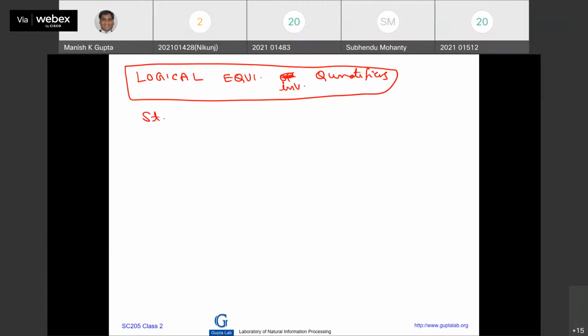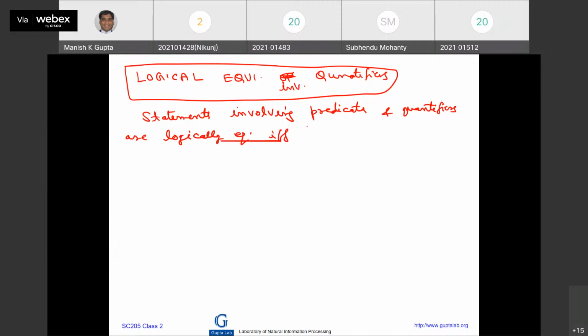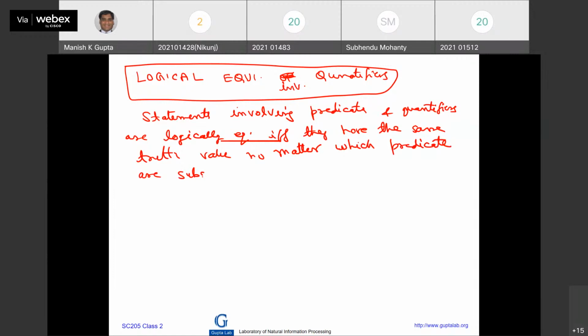Statements involving predicates and quantifiers are logically equivalent if and only if they have the same truth value no matter which predicates are substituted into these statements and which domain is used.